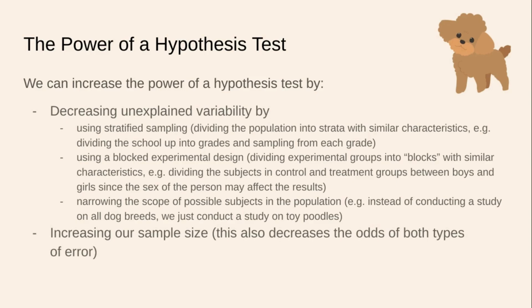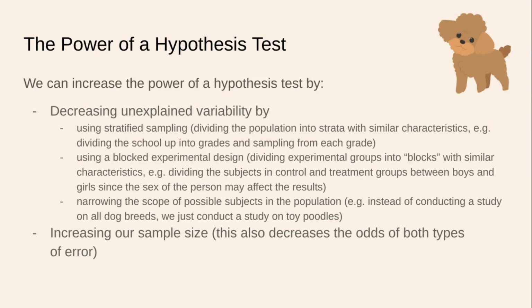However, here comes the silver bullet. You increase the sample size. Some of you may have seen this coming. You increase the sample size. That decreases the odds of both types of error. So if you want to increase power, you increase the sample size. Something we've seen all throughout statistics, that the bigger the group, as long as it's sampled well, the easier it is to understand.